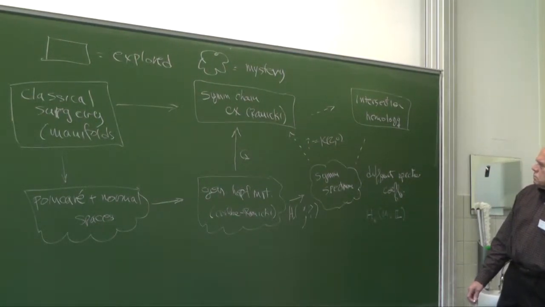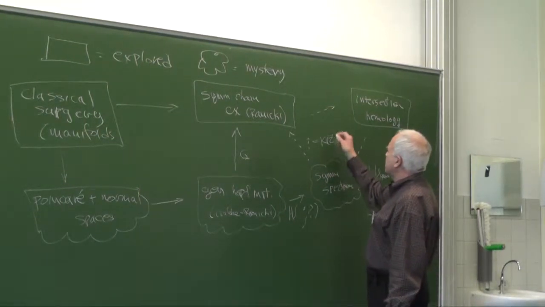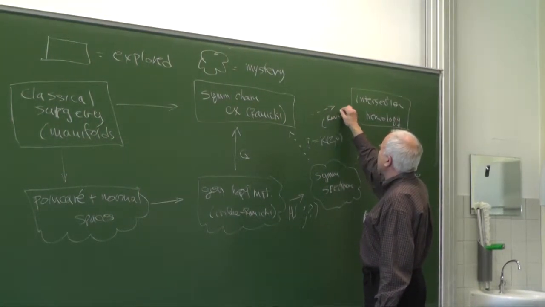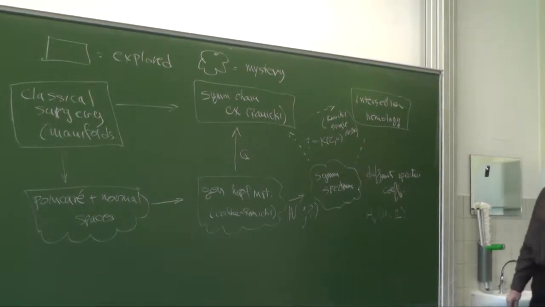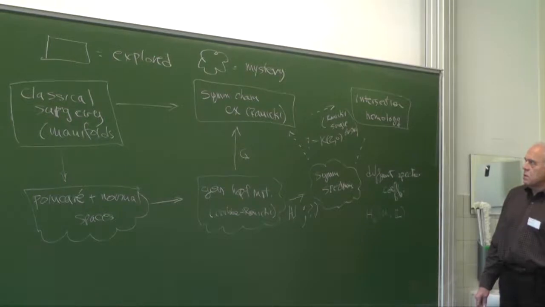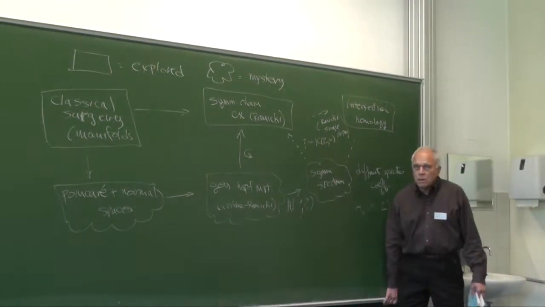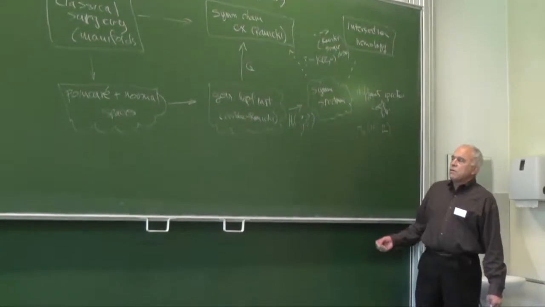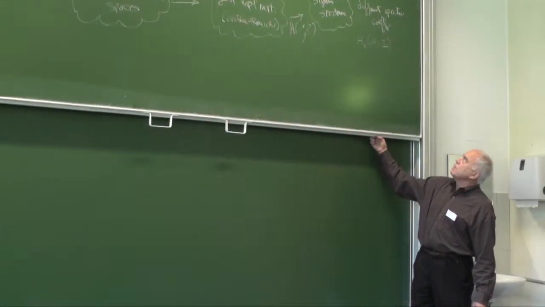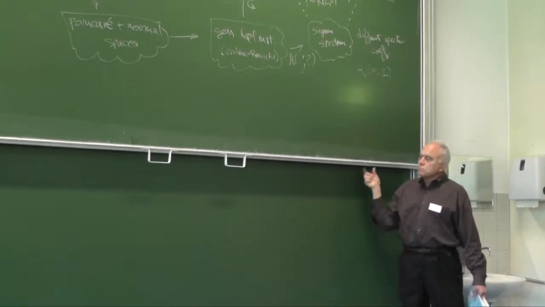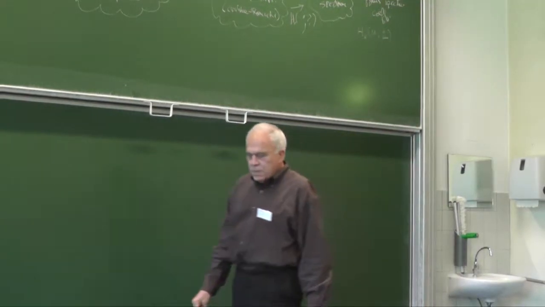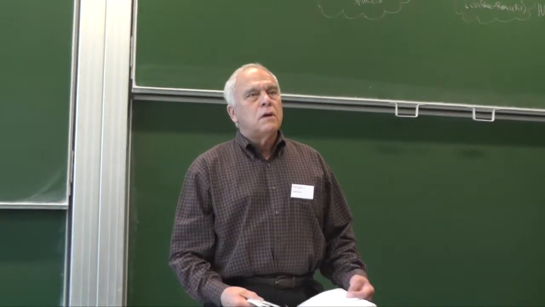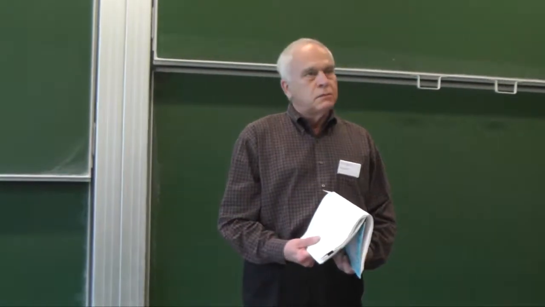So somewhere in here is the Ranicki-Siebenmann obstruction, and there's an important story that has to do with that as well. The Ranicki-Siebenmann obstruction gives a very powerful characterization of topological manifolds along these lines. And something that would be extremely useful is a similar characterization of smooth manifolds.